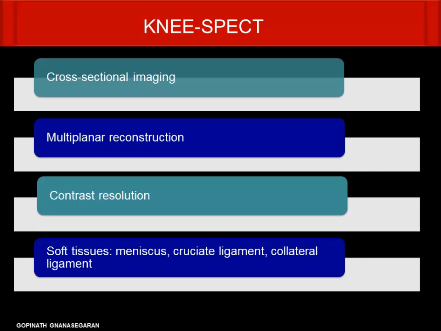Knee SPECT is useful because in the past, most of the literature, somewhere in the 80s and 90s, was published on the role of SPECT in assessment of knee pain. With cross-sectional imaging you have multiplanar reconstruction, the contrast resolution is good, and you can assess soft tissue, meniscal, cruciate ligament and collateral structures.